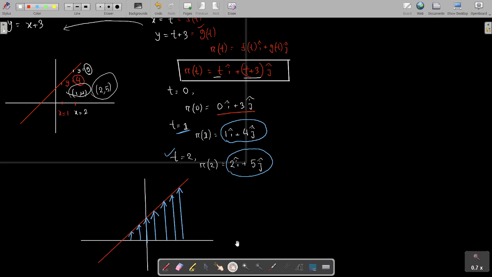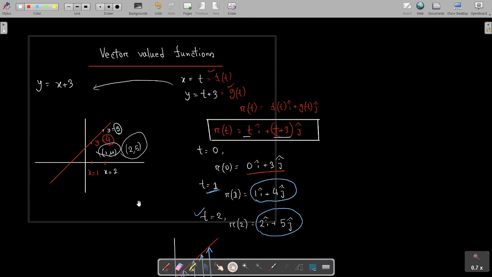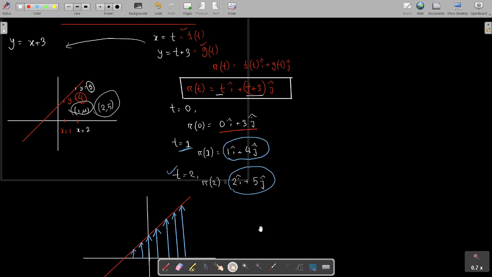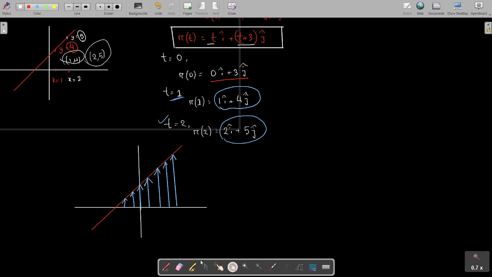For 2D, we like to write our functions in Cartesian form, but for 3D it is more convenient to write the functions in parametric form, because writing in parametric form makes it much easier to understand the curve. Now let's take another example.